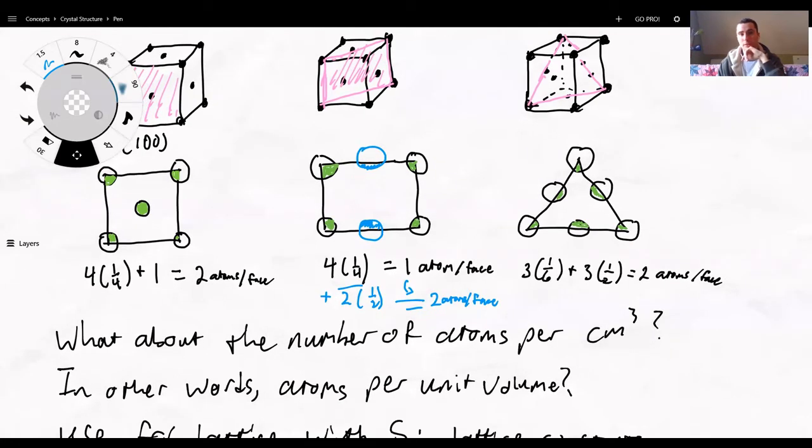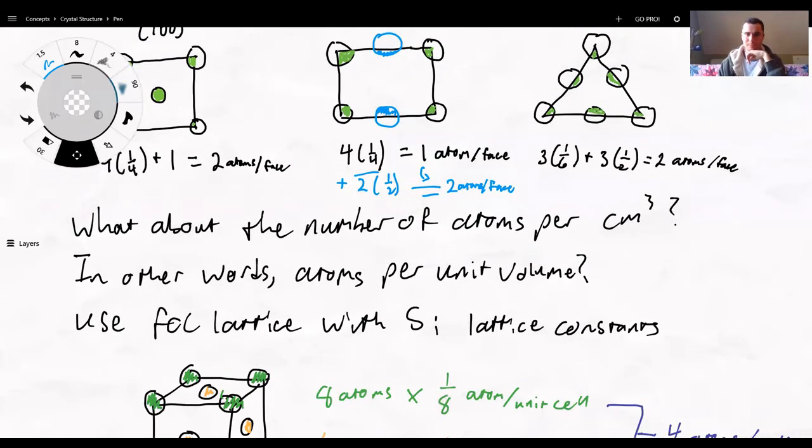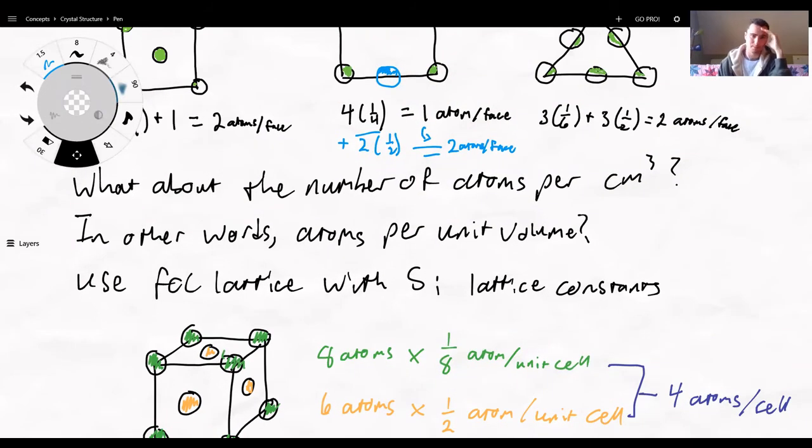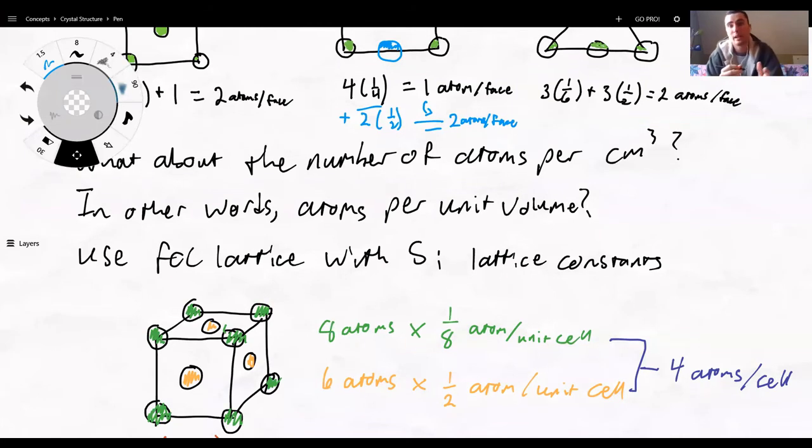So just make sure you're counting your fractions correctly. And double check me on this. I did this a little bit quickly, but I will be there to help you with the diamond tetrahedral.